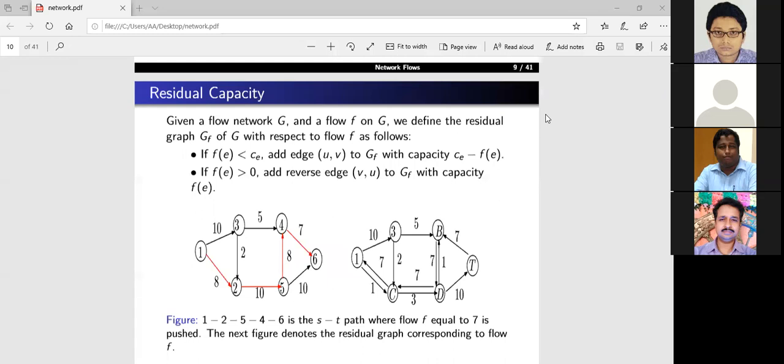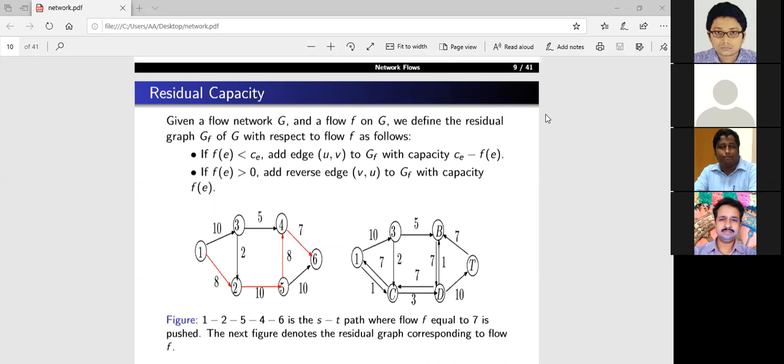So once we introduce that much flow, the question is, can we introduce more flow in the network? For that, we compute the residual graph. So what happens is, 1 to 2. On the right side, the node marked as C should be called node 2.